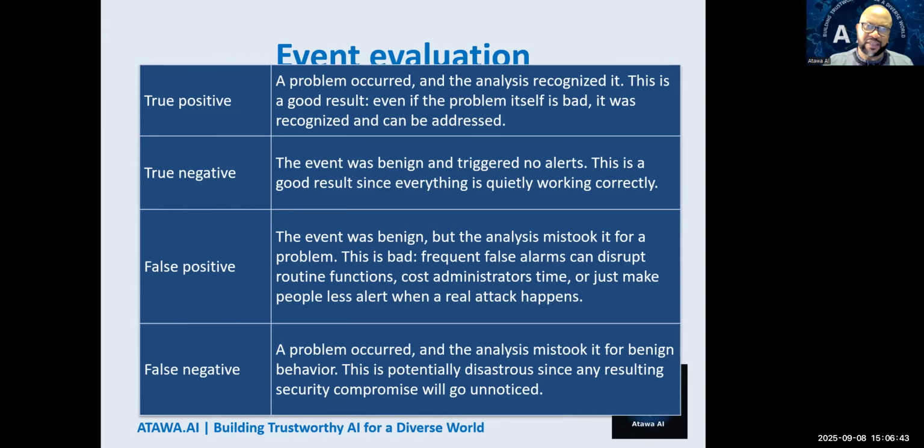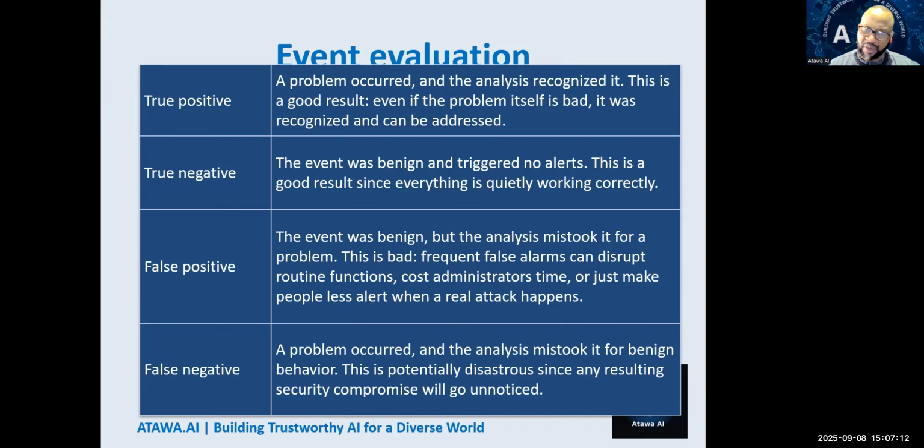So look at this table in here. True positive: it really happened, I identified it. True negative, right? The event was not really a bad event, it was a benign event, sorry, and you get no alert. So this is a good result, it says everything is working correctly. And of course, you have false positive: you mistook the event for a bad thing, like an attack, when it wasn't really an attack.